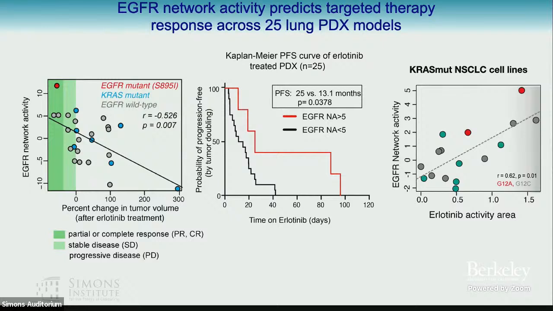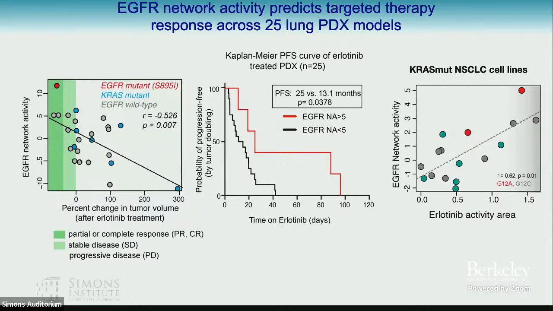So to put this model to the test, we wanted to understand if EGFR was activated in these wild-type tumors, are these then tumors susceptible to EGFR small molecule inhibitors? So to first study this in a retrospective way, we assessed a panel of 25 lung patient-derived xenograft models, these mouse models of lung cancer developed by Novartis.